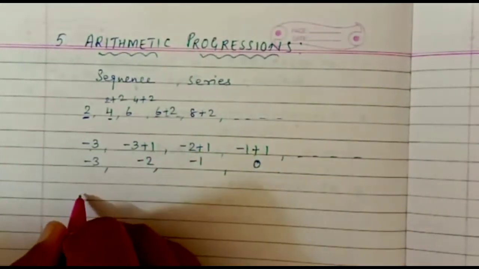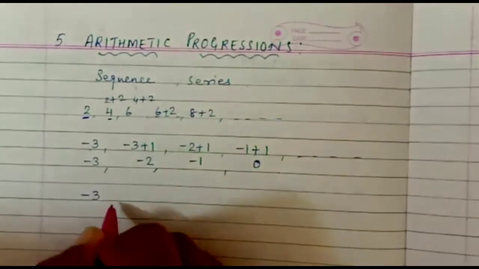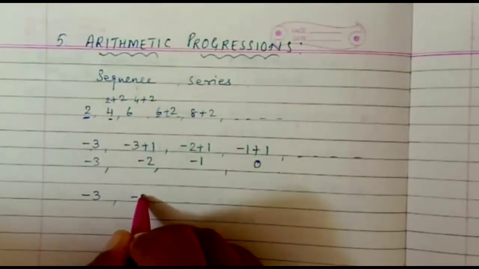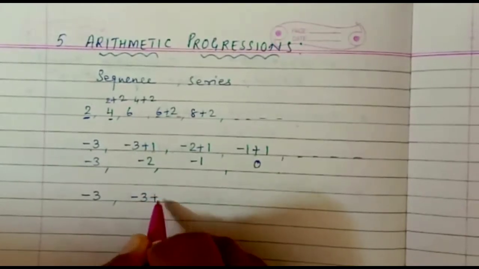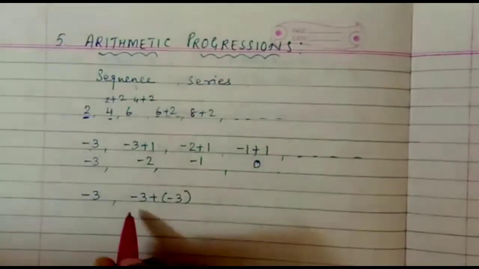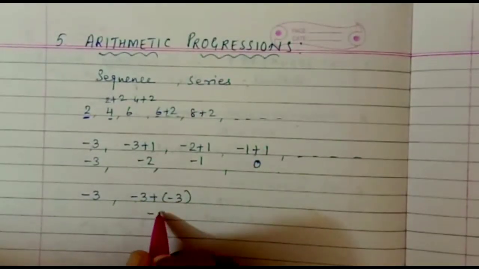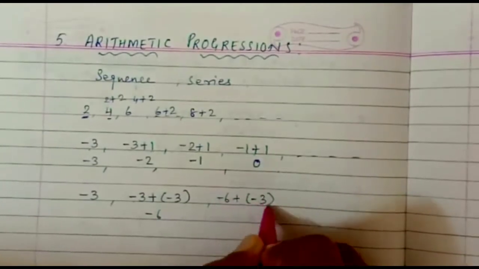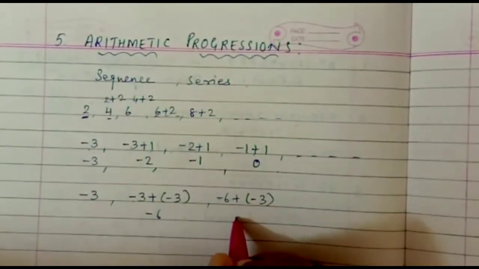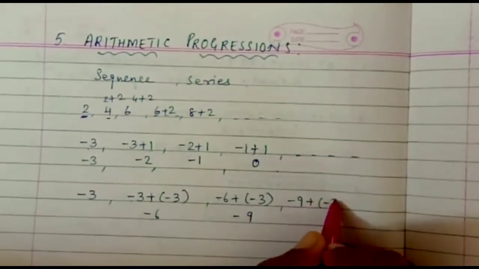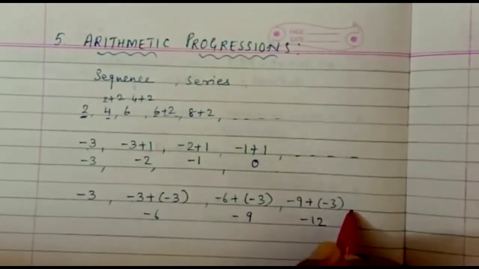In the same way, it's not necessary that you always add a positive number. You can keep on adding a negative number. For example, minus 3 plus minus 3. This time I have added a negative number. So minus 3 plus minus 3 will be minus 6. The next number will be minus 6 plus minus 3 again, so it will be minus 9. The next number will be minus 12 and so on.